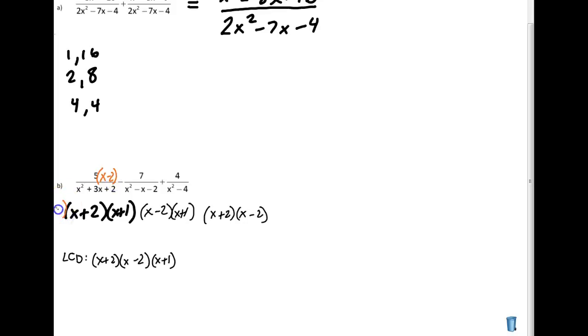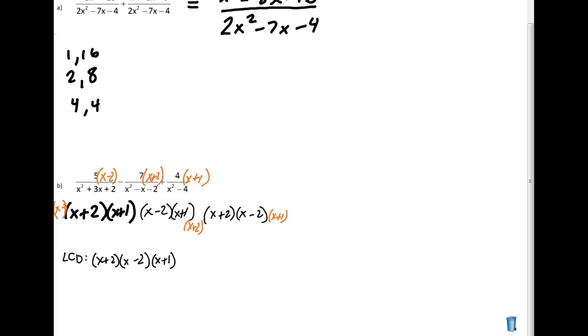X minus 2. Okay, good. The second one, I have an x minus 2 and an x plus 1. What is it missing? That's right, x plus 2. So top and bottom. And then this last one, I have an x plus 2 and an x minus 2. It's missing the x plus 1. So top and bottom.